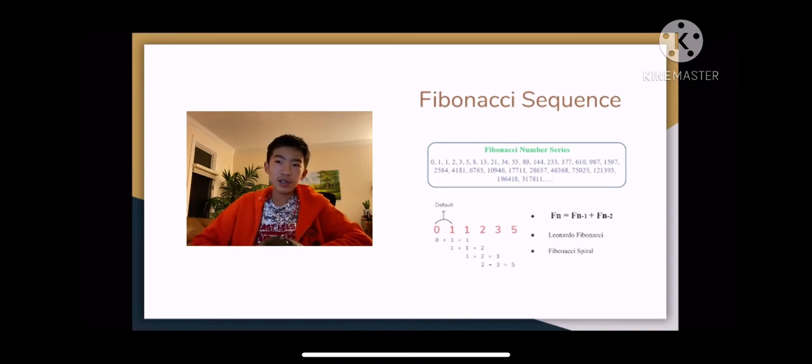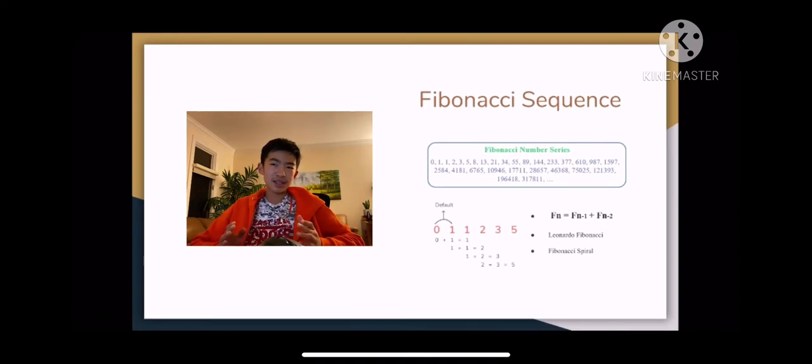The Fibonacci sequence is a sequence designed by Leonardo Fibonacci that begins with 2 ones and adds a previous number in the sequence to get the next in an ever-repeating loop. This concept can be easily demonstrated with the equation f of n is equal to f of n minus 1 plus f of n minus 2.